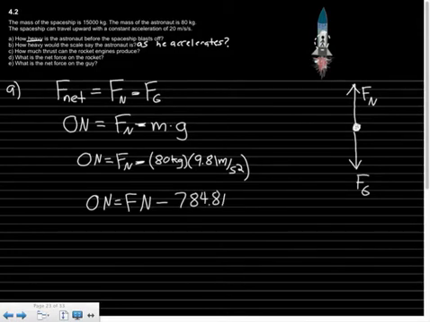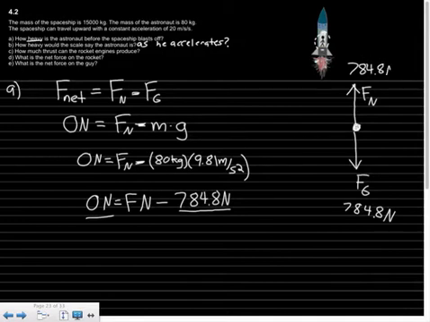Yes, what's your question? Okay, right. So this number represents the force of gravity pulling down, 784.8 newtons. And because there's no net force, the normal force is going to be equal to the same thing.